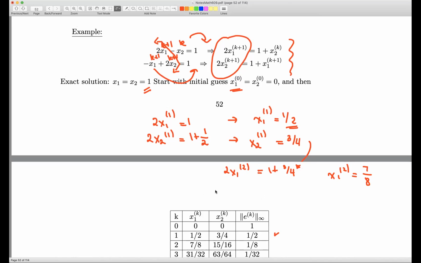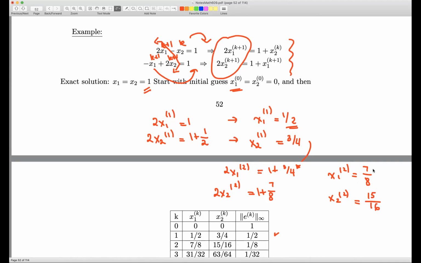And then we use 2x2,2 equal to 1 plus the first component, which we already computed, which is 7/8. And therefore we'll have that the second component of x2 will be 15/8 divided by 2, which is 15/16. So this will be 15/16.